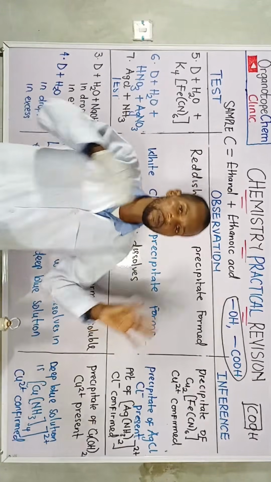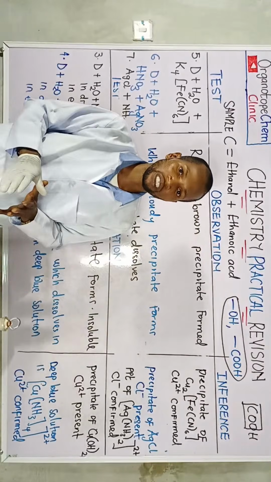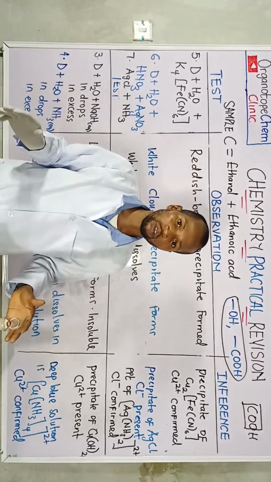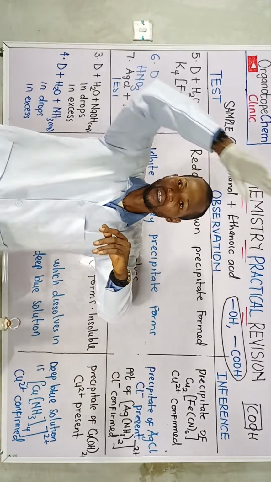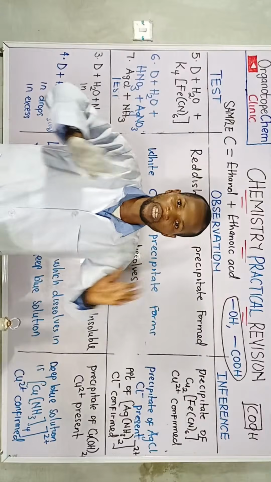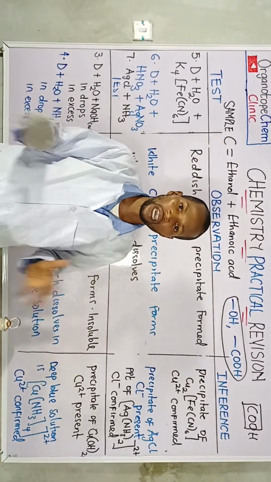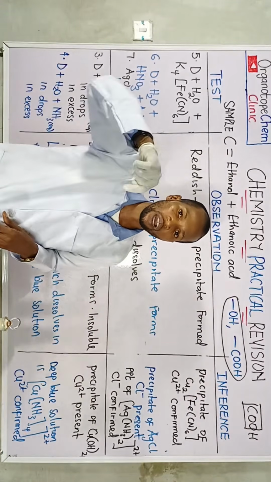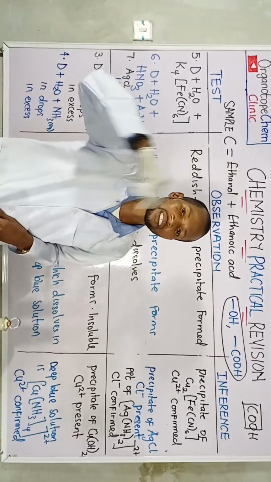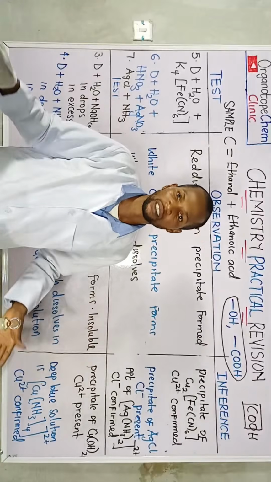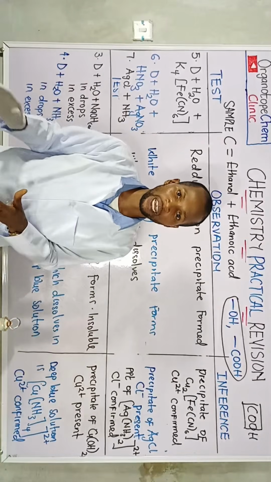Then, since we've been able to conduct all the possible tests, the next thing we are expected to do is to write the possible reaction for test number 1 to 7. So your question will always end with write chemical equation for the test in this qualitative analysis.